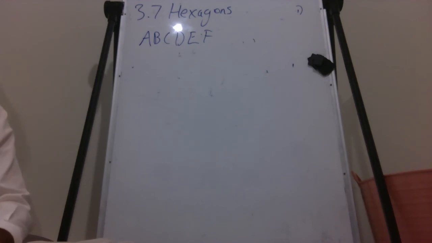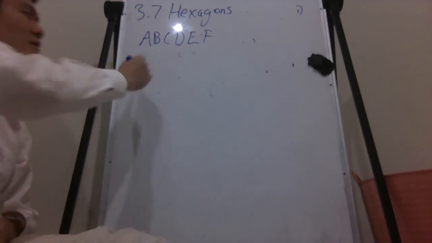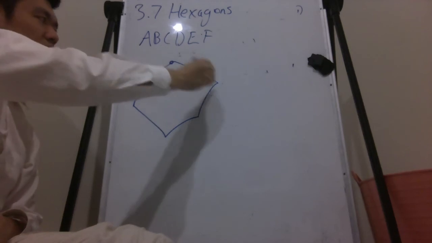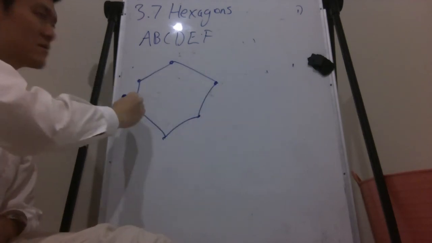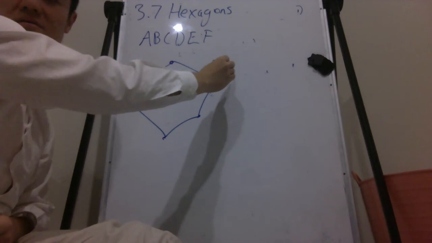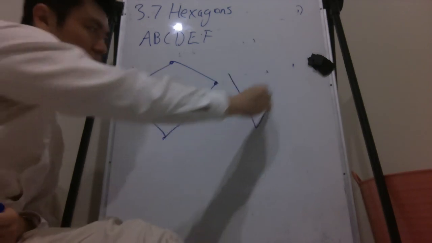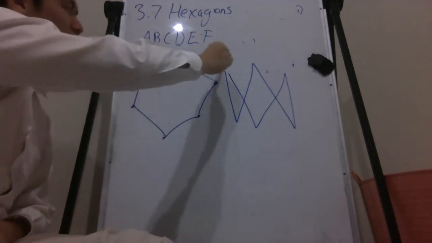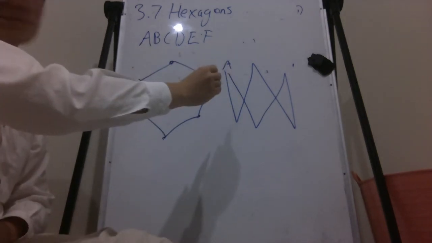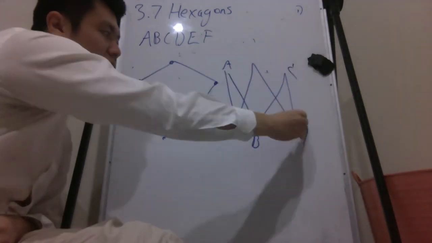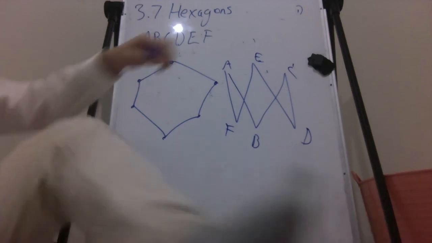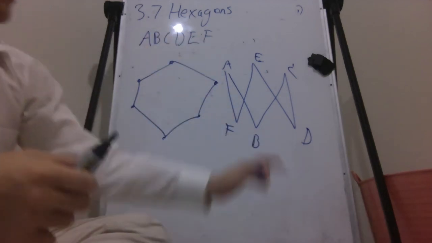For each set of 3 alternate vertices of a hexagon is a set of 3 collinear points. If you have a convex hexagon, it could be like this, A, B, C, D, E, F. That could be another hexagon.